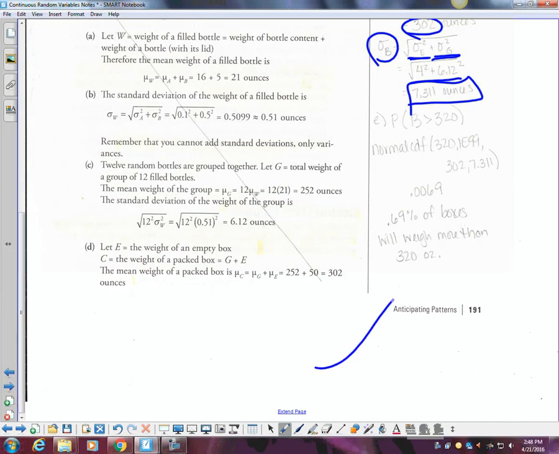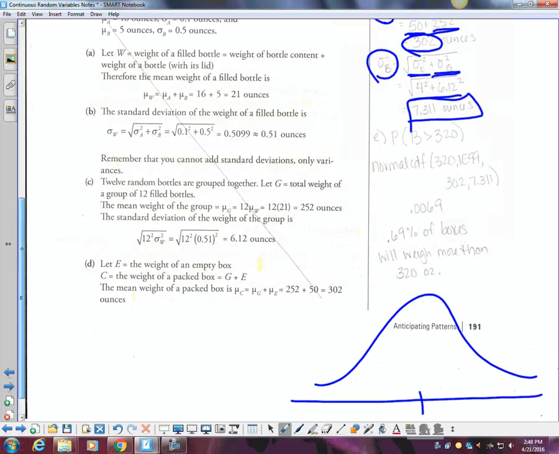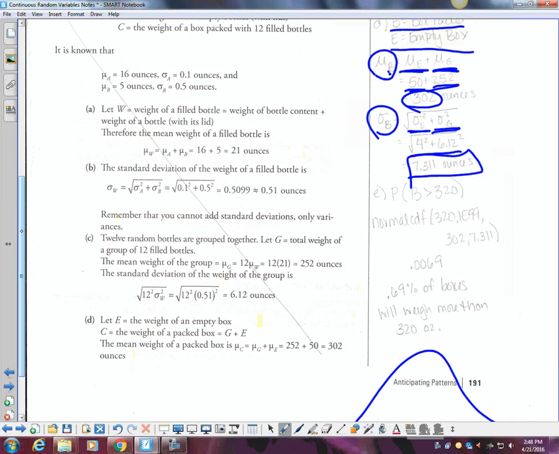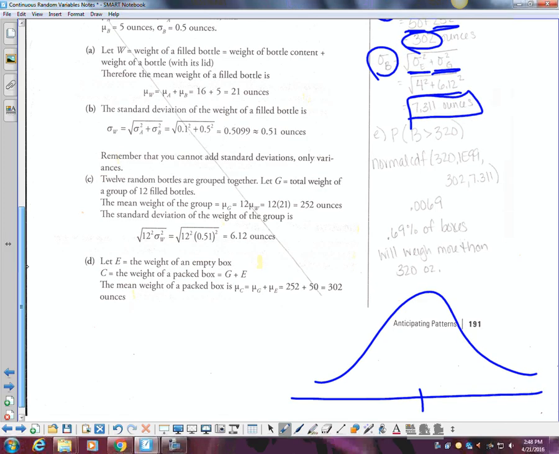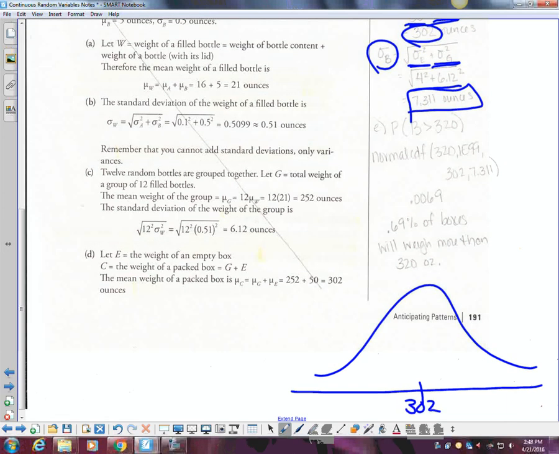Okay. What's my mean? And I want 320. So do you see how I'm writing what I want? Then I come down here. He's 320, and I shade. Always draw, always shade.